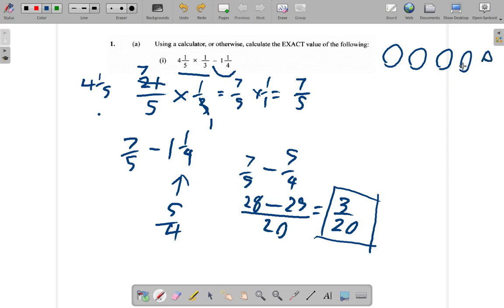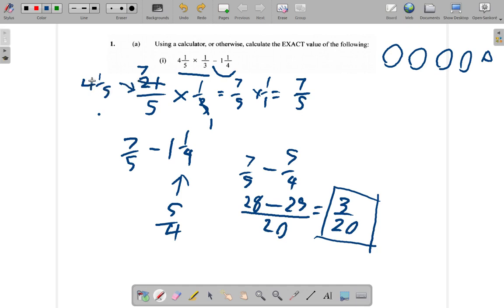How did we get the, no, not 7/5, the 21/5. I mean, my mistake. We had 4 and 1/5 become 21/5 when we turned the mixed fraction into an improper fraction.